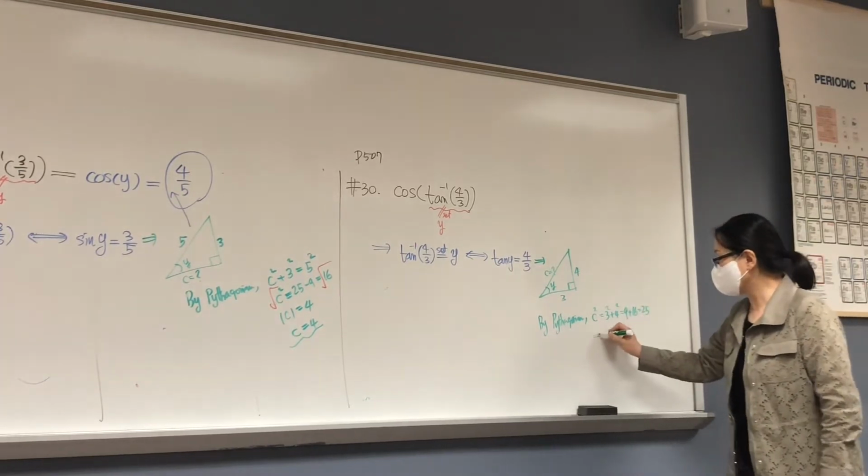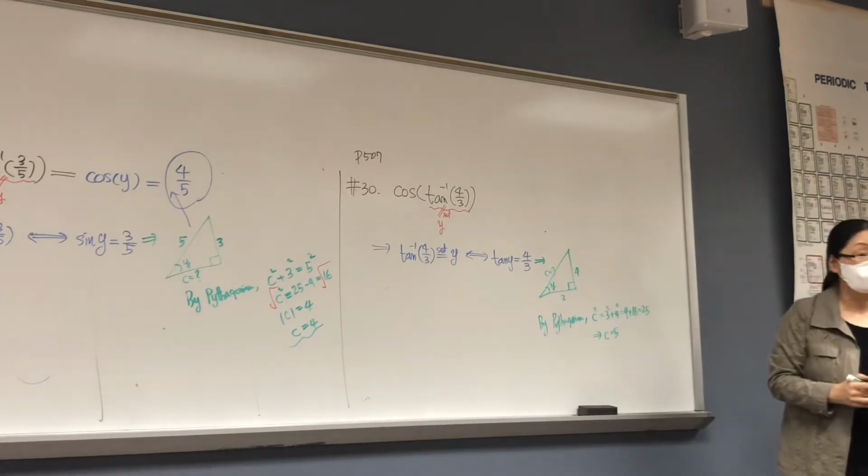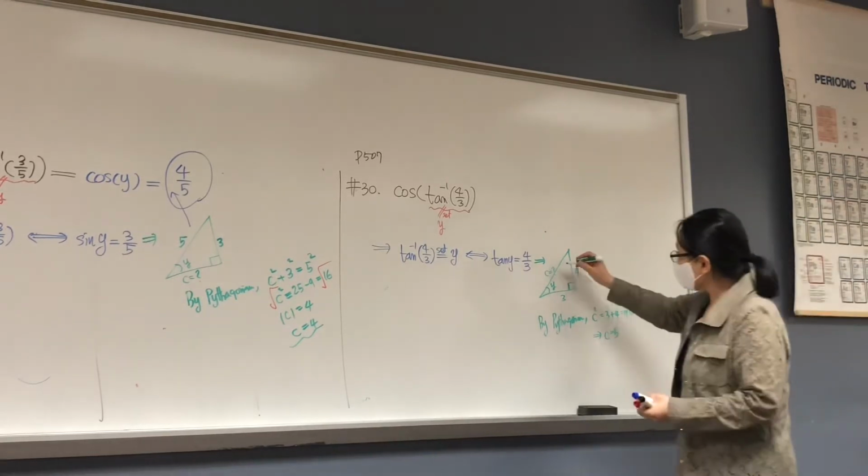So C is 5. Because it's positive, we don't need to worry about it.